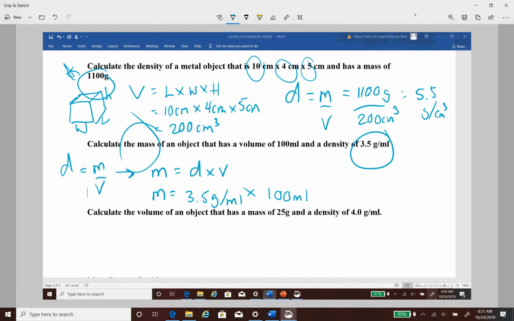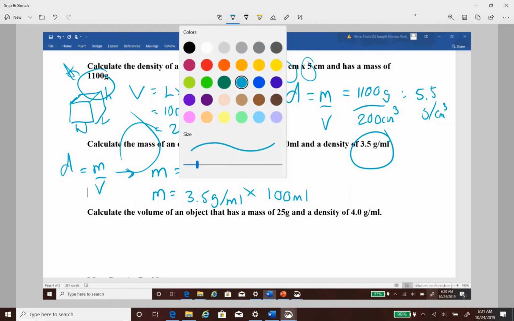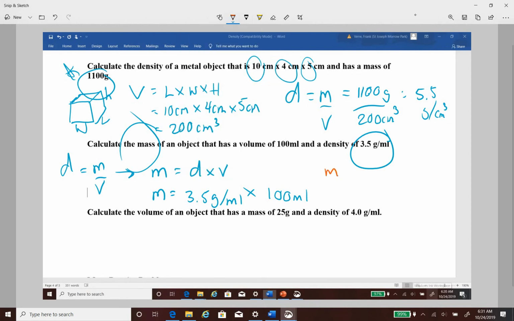So our mass is 3.5 times 100. You'll notice the milliliters cancel out. You'll just be left with grams. Our mass would be 350 grams.